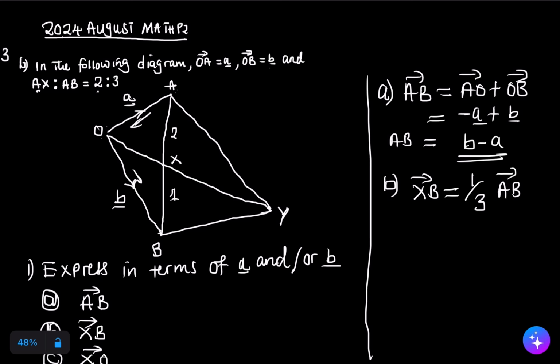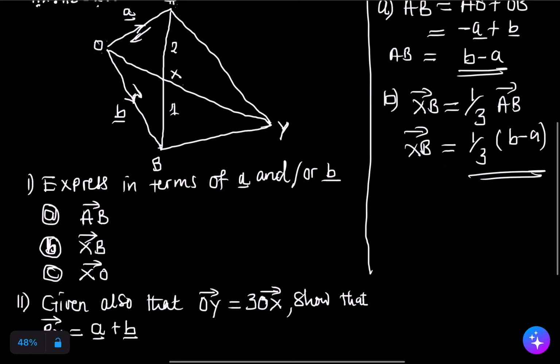That is the actual vector. So we apply our AB: we say 1 over 3, then our AB is B minus A. That is our answer. So this is our XB. We can move on to the other question.